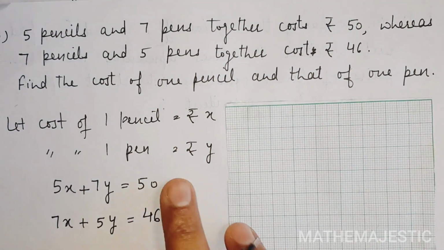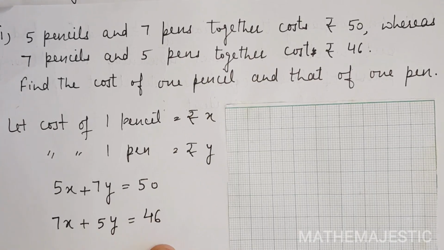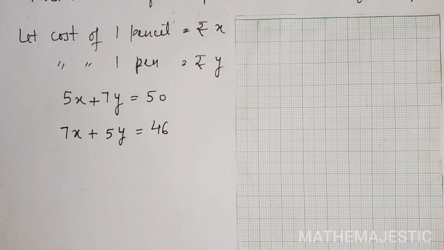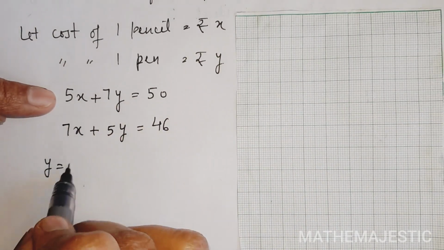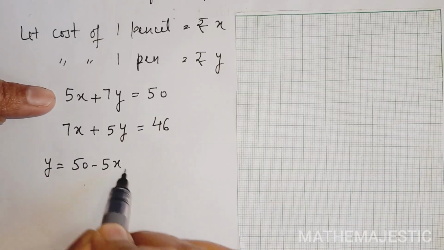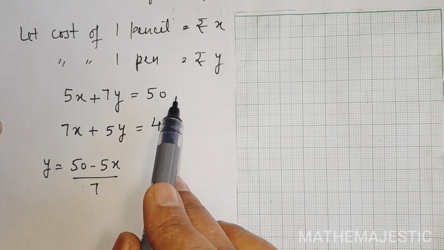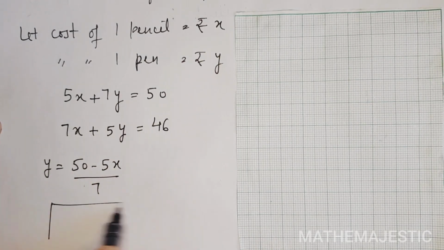Now we have to solve these two equations using the graphical method. So how will we do this? First we will express both the equations in terms of y. From 5x plus 7y equals 50, the value of y will be (50 minus 5x) divided by 7. We will take this to the right side, 50 minus 5x, then we will divide by 7. So we will make the table here now.